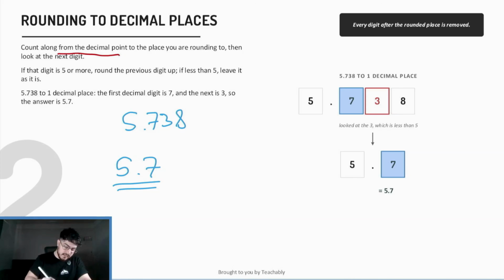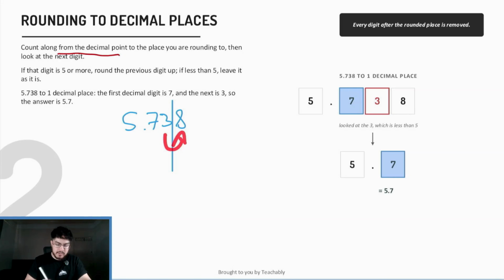So if I said I want it to 2 decimal places, we'll have to look at what is to the right of the second number after the decimal place. And so we can see 5.73. This is the second number after the decimal place, so that's where we want to round to. But then we have to look at the number to its right. Is it more than 5 or is it less than 5?